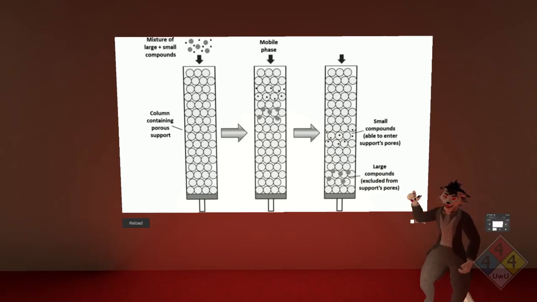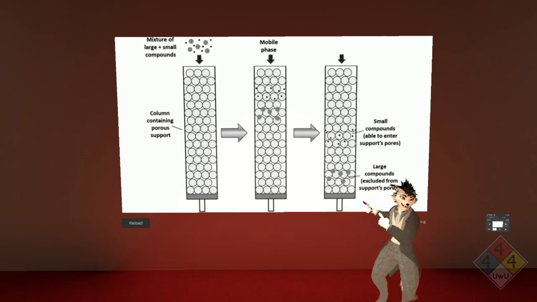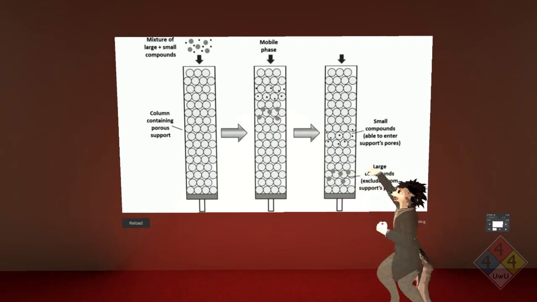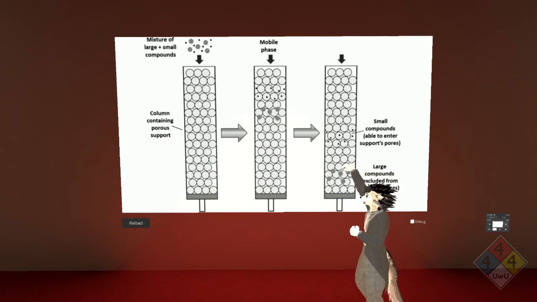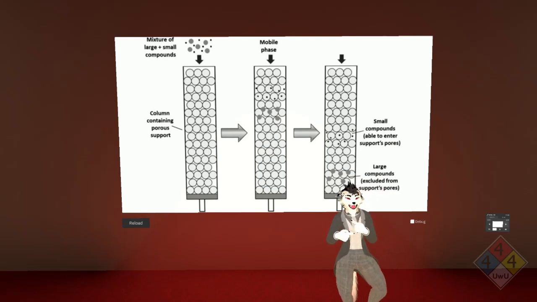And how this is actually done, there are multiple ways, but in this case, this is a liquid chromatography column. This is a bit of a simplification, but the idea is that with these columns, there's some sort of material, in this case a porous material, so it works on the principle of size and interaction with the pores.